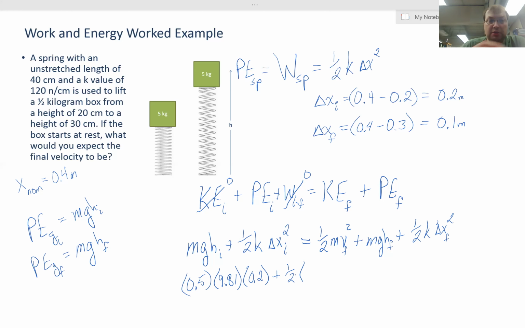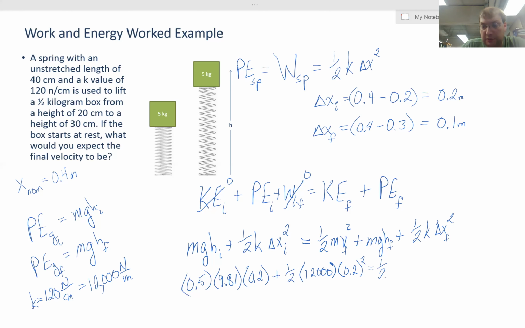We do want to acknowledge that this k value will require us to multiply by 100 in order to get it into newtons per meter. So that is equivalently 12,000 newtons per meter. We have this multiplied by our x initial, which was 0.2, quantity squared.